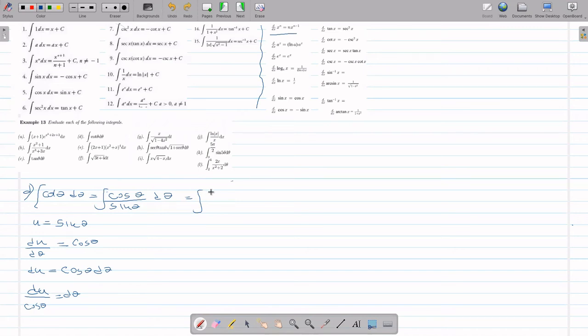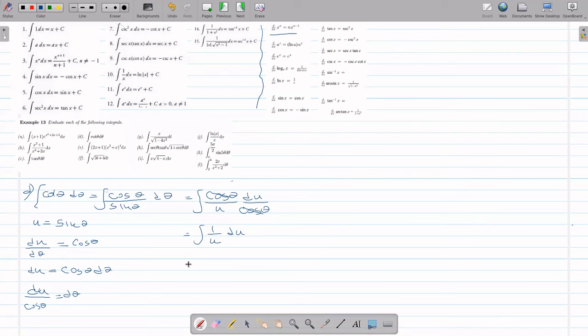For the cos theta, I cannot substitute, so I keep it as it is. For sine theta, I substitute u here, and du. Okay, so this cos theta cancels out. Here I get 1 over u du.